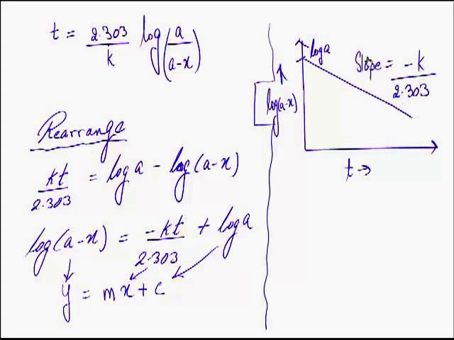The slope is itself going to be negative, and therefore both these negative signs will cancel out, and the value for k will be 2.303 into the magnitude of the slope. Also, one can easily find the initial concentration of the reactants by using the y-intercept, which will provide the value of log a, and the initial value can be calculated by using the anti-log of this value.